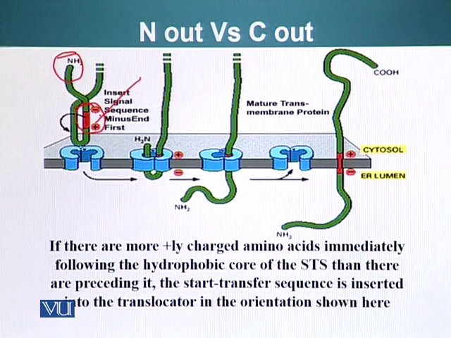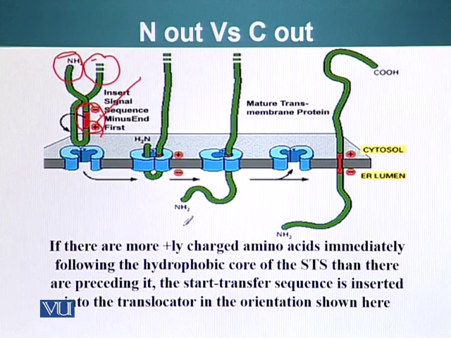So what determines whether the amino terminus or the carboxy terminus will enter the lumen of the ER? Basically, it is determined by the charges which are adjacent to the signal sequence here. If there are more positively charged amino acids immediately following the hydrophobic core of the start transfer sequence, the signal, then the start transfer sequence is inserted into the translocator in the orientation shown.